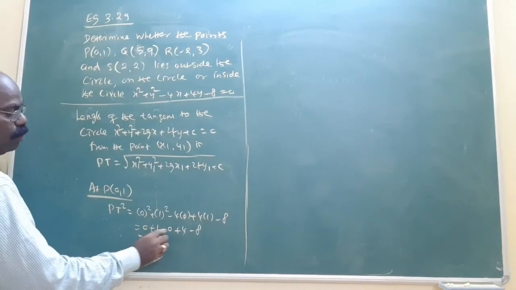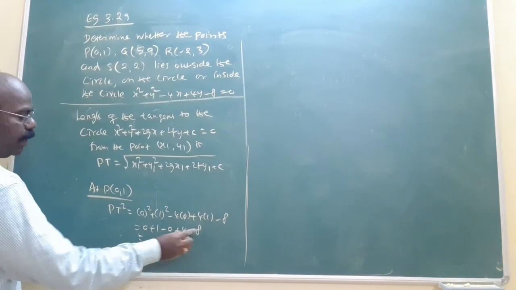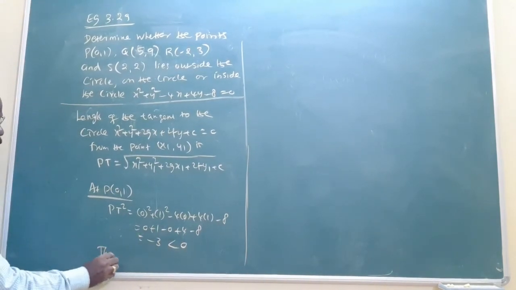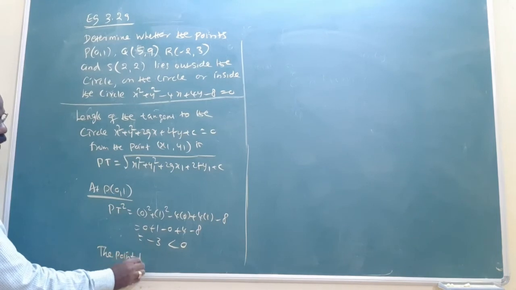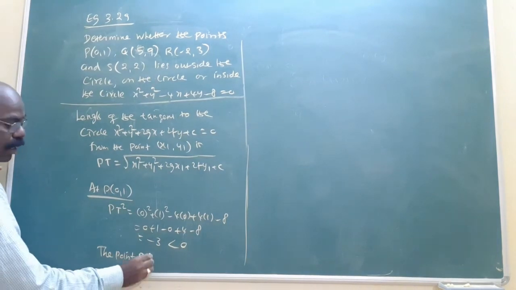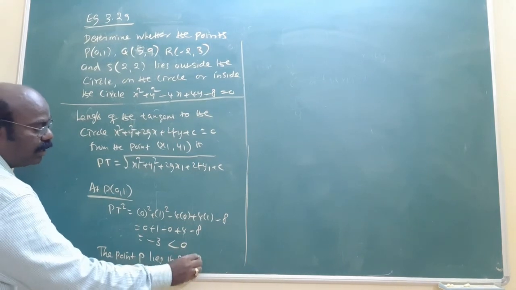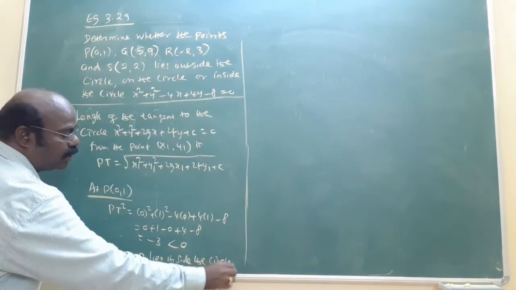Adding 1 plus 4, 5. 5 minus 8 is minus 3, which is less than 0. Therefore, the point P lies inside the circle. Inside the circle is the answer.